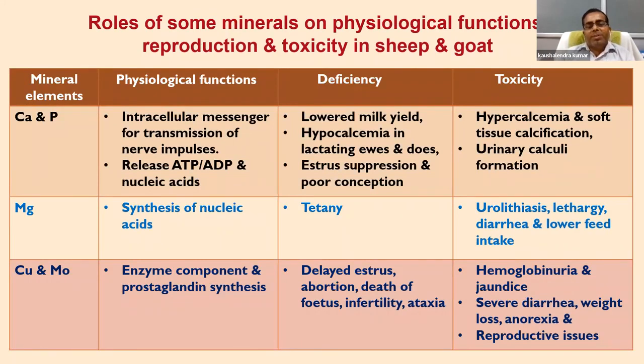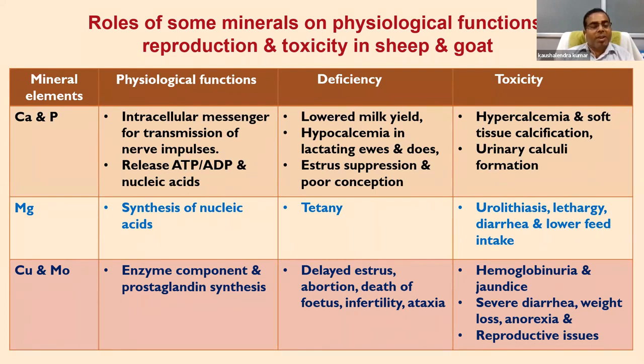Role of some minerals. On the left side, we can see the names of the minerals, like calcium and phosphorus. They play a very important role as intracellular messengers for transmission of nerve impulses, and they also help in the release of ATP and nucleic acid.